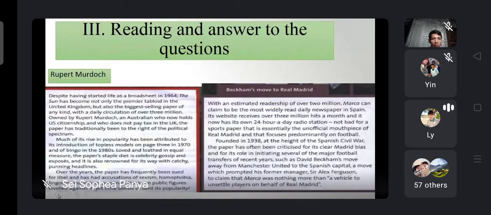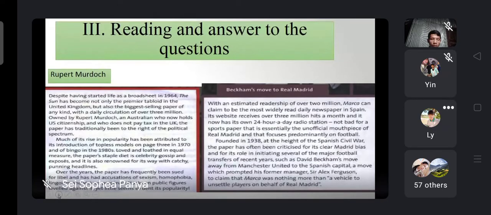Circulation of over 3 million owned by Rockwell model, an Australian who now hold US citizenship and who does not pay tax in the UK. The paper has traditionally been through the rise of the political spectrum.